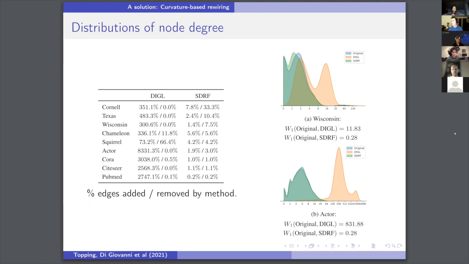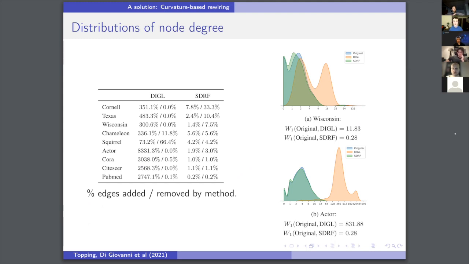And we can see what we were discussing with Hans just now, in that DIGL, to achieve its best performance, often adds many more edges, not necessarily to match or improve performance. It will make the graph far denser on all datasets, whereas SDRF will keep the graph edit distance maybe within 10-20% of the original graph.